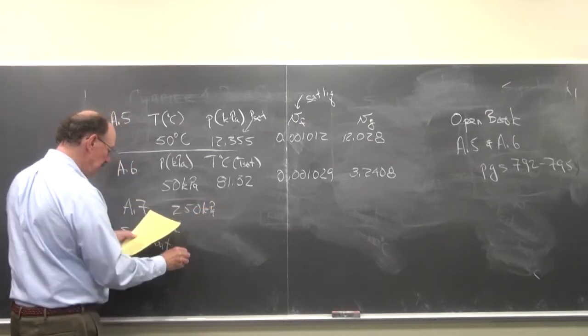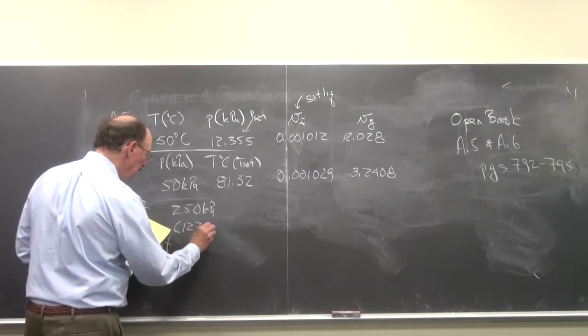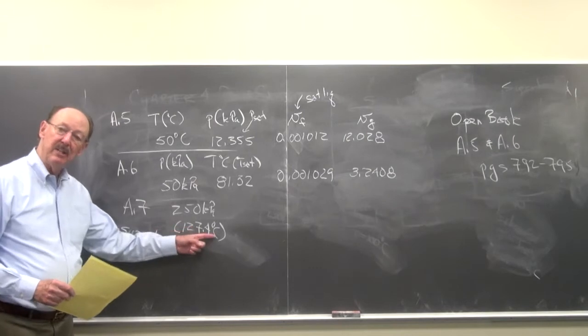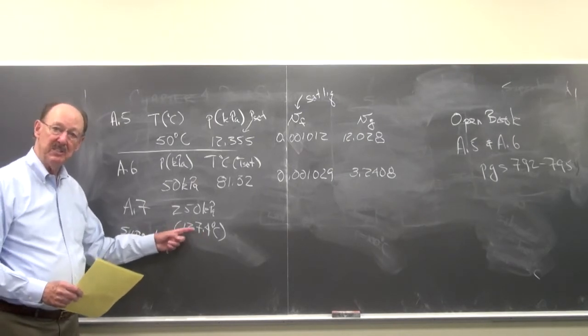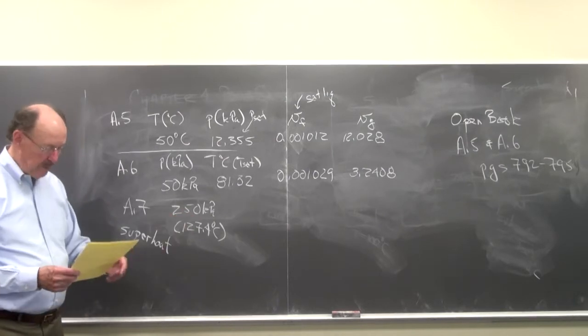And you'll notice that there's a parentheses that says 127.4 degrees C. So beneath the pressure, it tells you the saturated temperature. So this is the temperature at which the water boils at 250 kPa.